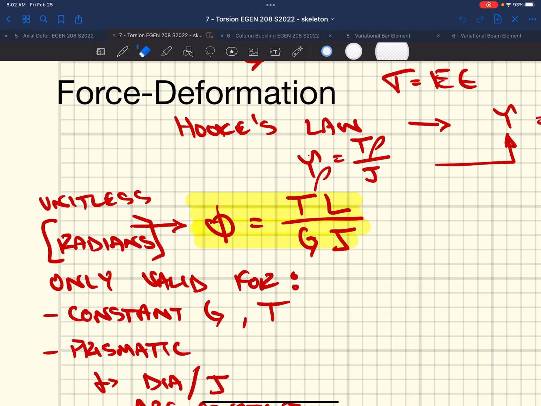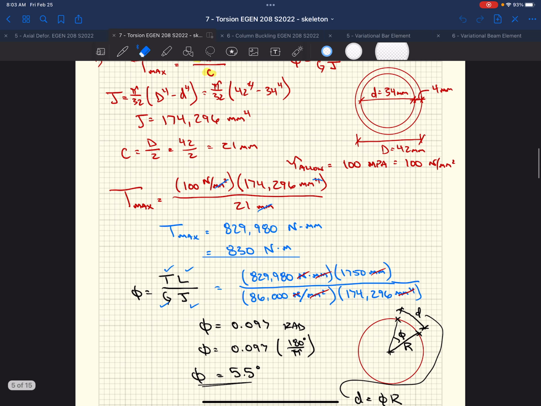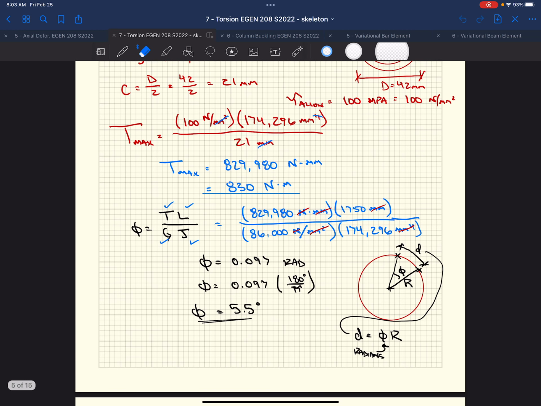And so we worked through this example where, based on a shaft with a known allowable stress, we could figure out an allowable torque, the maximum torque the shaft could handle before it reaches its maximum shear stress. Based on that, we could figure out how far that shaft rotates, in radians, or we converted it to degrees, 5.5 degrees. That shaft would rotate based on the applied torque, the length of the shaft, and the material and cross-sectional properties.